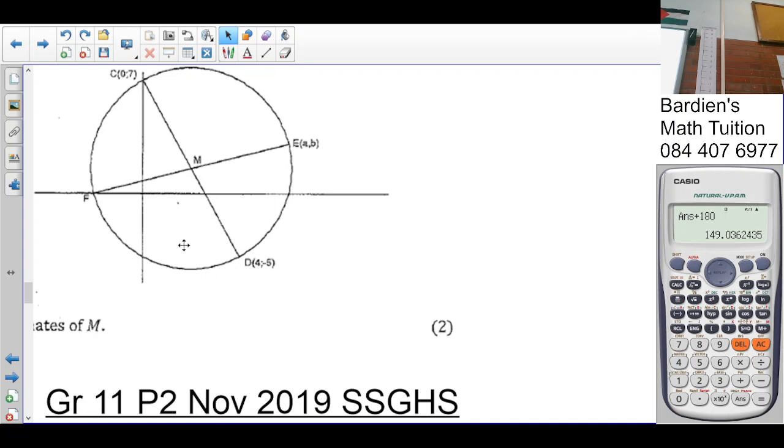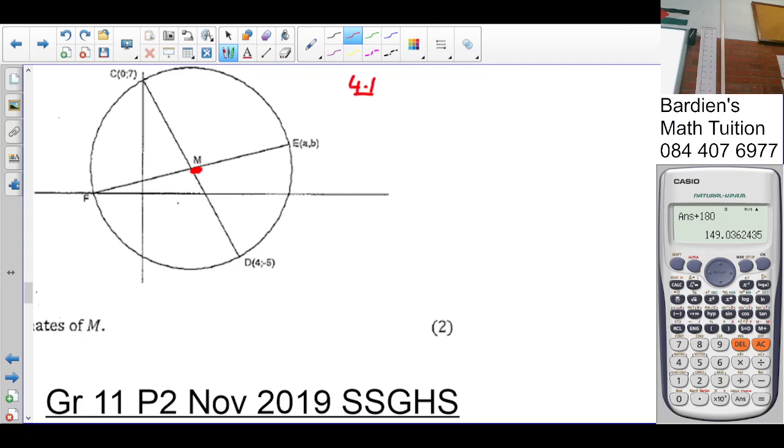And how do you think we're going to calculate the coordinates of M? It's going to be the midpoint. Not so, the center of the circle. Okay, so do we have 2 points? Yes. This is now 4.1.